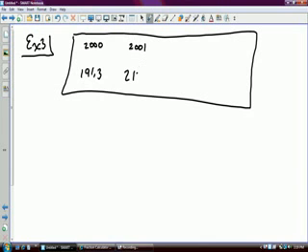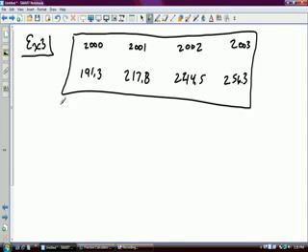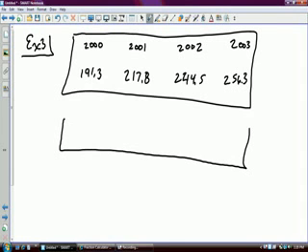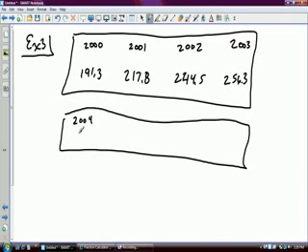2001, they did 217.8 billion. 2002, they did 244.5. And 2003, they did 256.3. And then there's more. It goes up to 2007. 2004, they did 285.2.